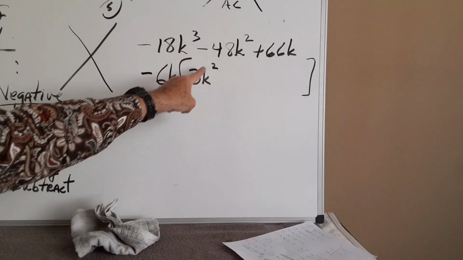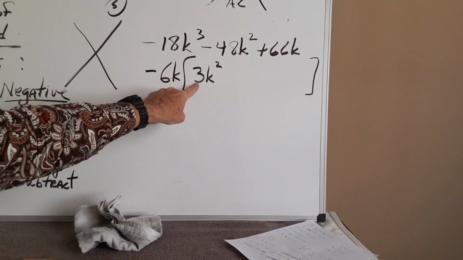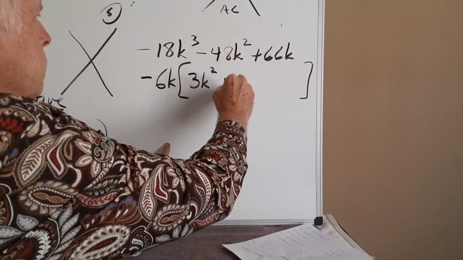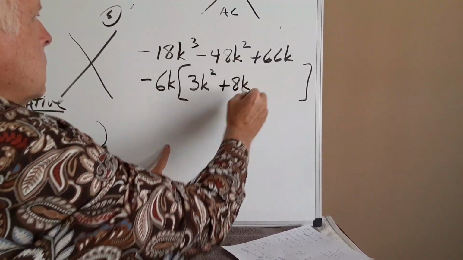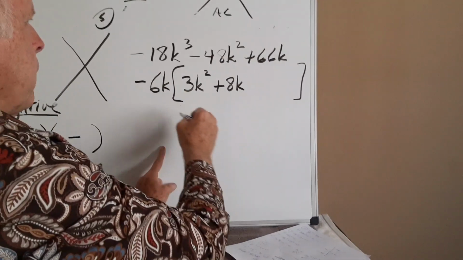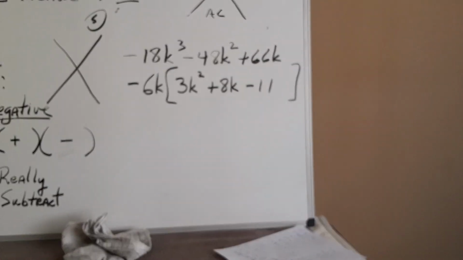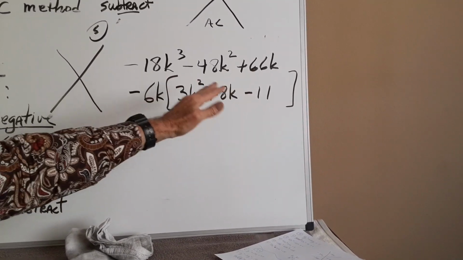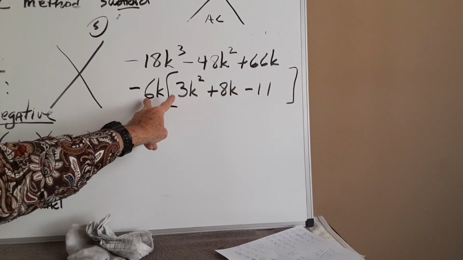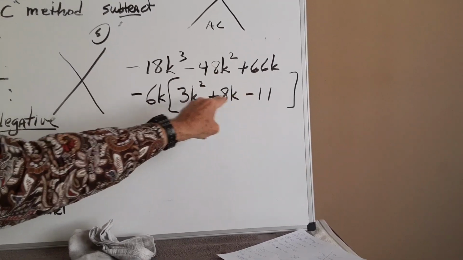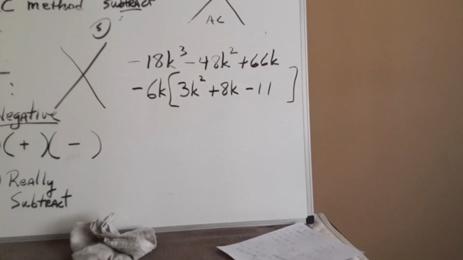There's that quadratic, and that coefficient is not 1. Negative divided by negative. Positive divided by negative. Might want to just kind of double check to make sure that everything is okay. That's a negative 18k cubed. That is a negative 48k squared, and that's a positive 66k.